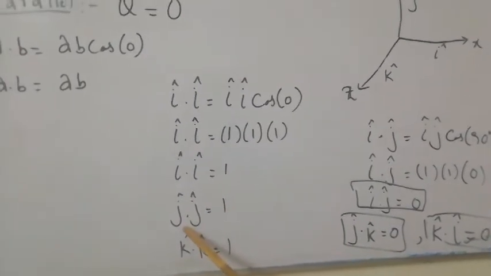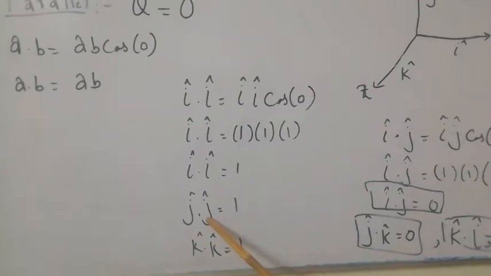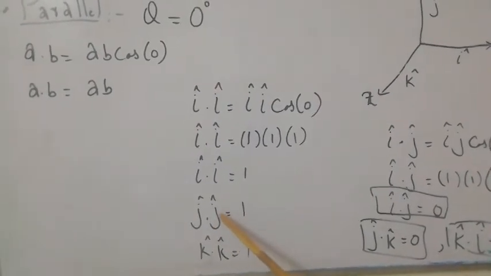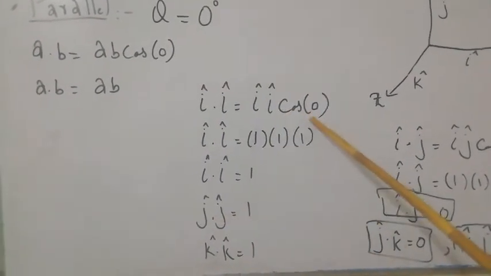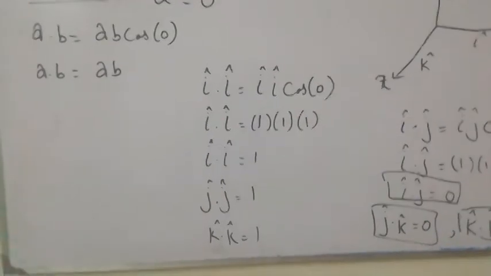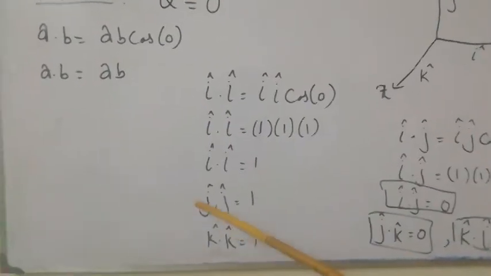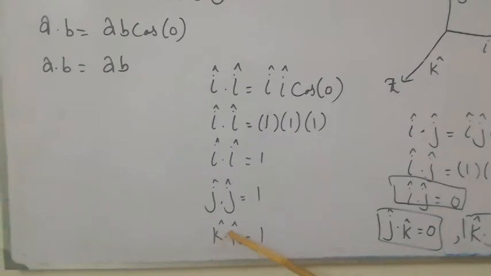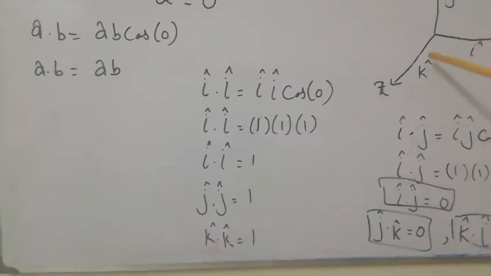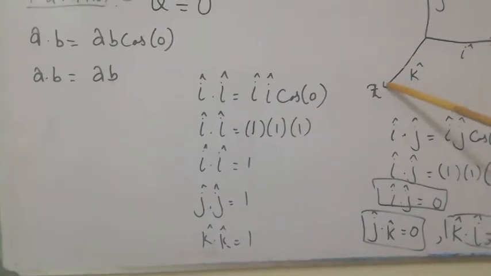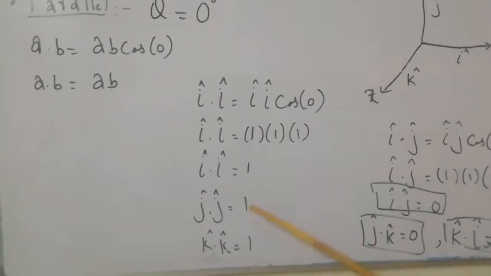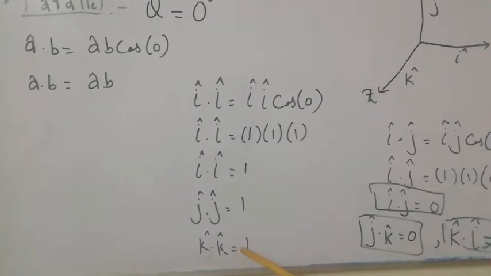Similarly, the angle between j dot j will be 0, so it will give you 1 as well. And the angle between k dot k is also 0, because they are also on the same axis. So cos 0 is equal to 1, and the unit vector k is 1.